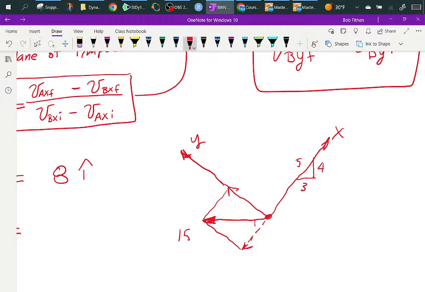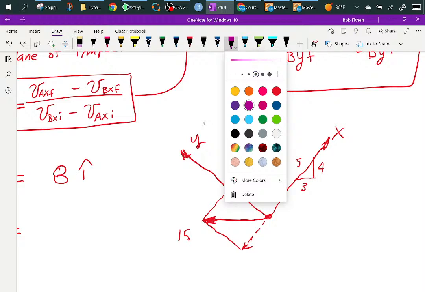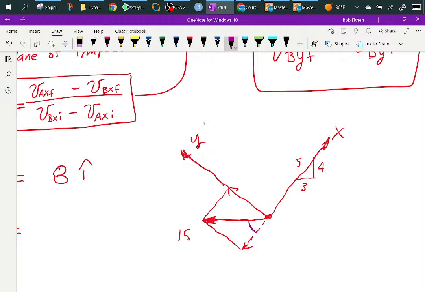So as it turns out, here, I'll do it this way. Wait a minute, what happened here? Okay, there we go. Don't like that either. So the purple angle here is the purple angle here. A couple of ways.